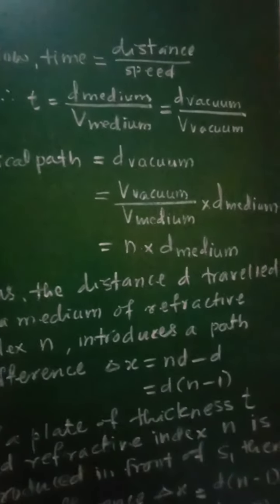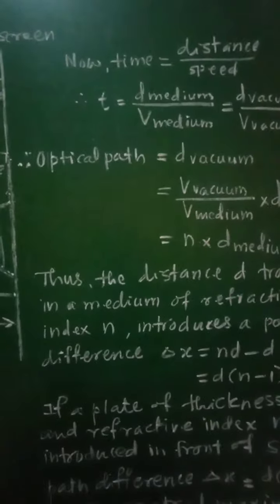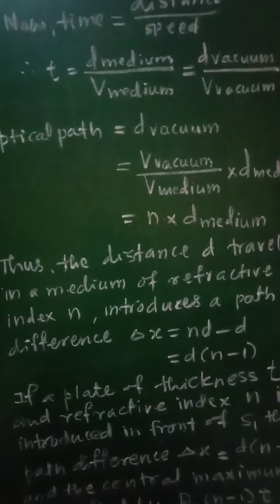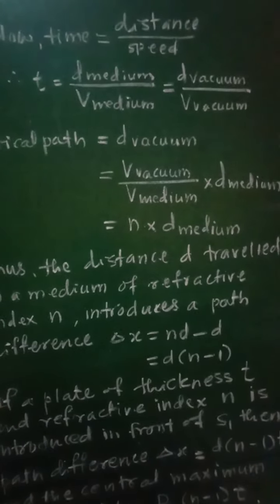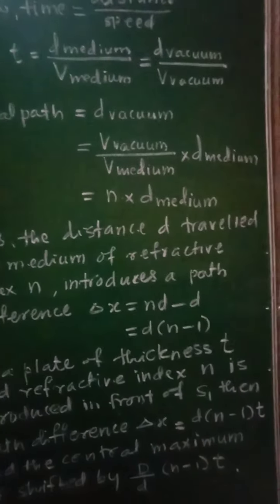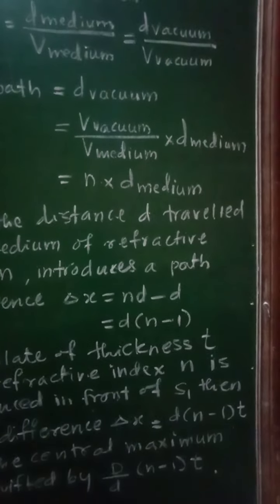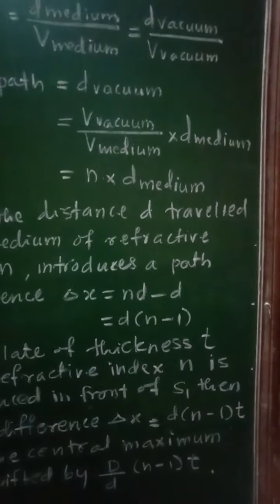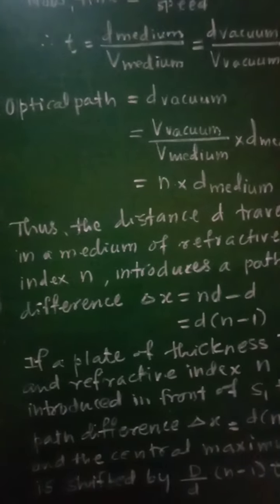Thus the distance d travelled in a medium of refractive index n introduces a path difference delta x equal to nd minus d, that will be equal to d into n minus 1.